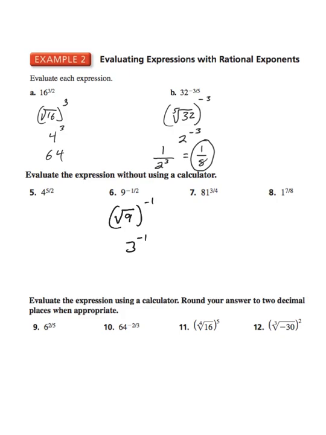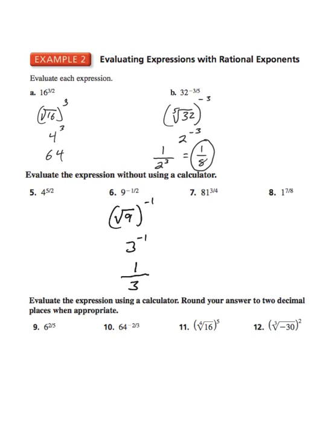To make that 3 to the positive 1, where do I have to move it? To the other side of the fraction bar, right? So I need to move it to the bottom. Now 3 to the 1 is just 3. So the final answer is just going to be 1/3. Did you get that one?